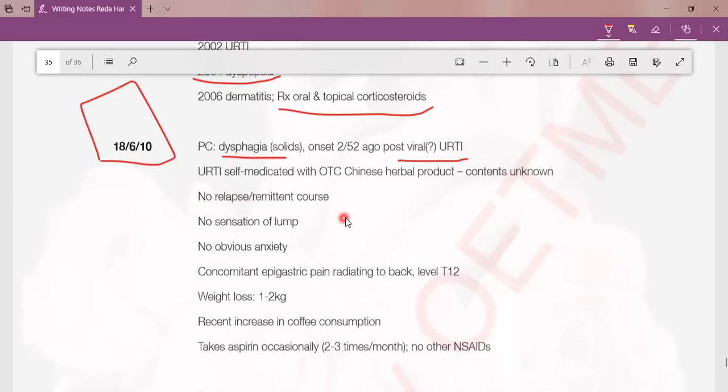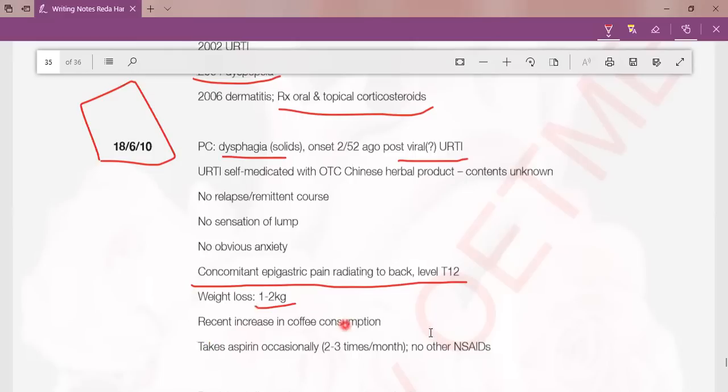No relapse, no sensation of lump, no obvious anxiety. This is examination. Concomitant epigastric pain radiating to the back. Weight loss 1 to 2 kilograms.